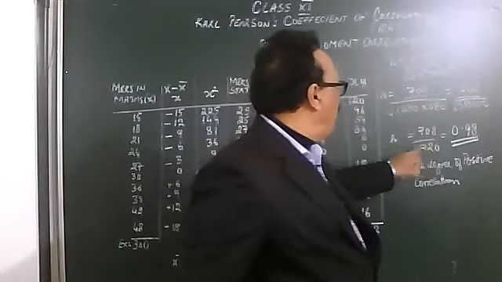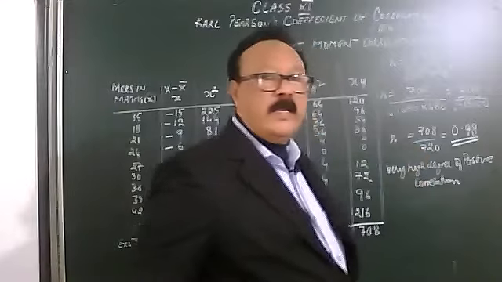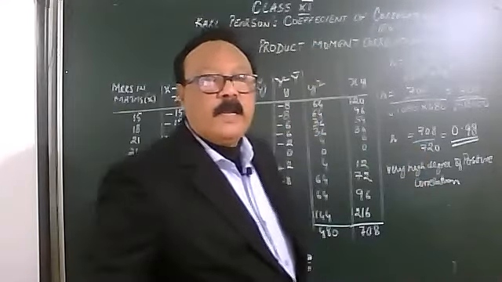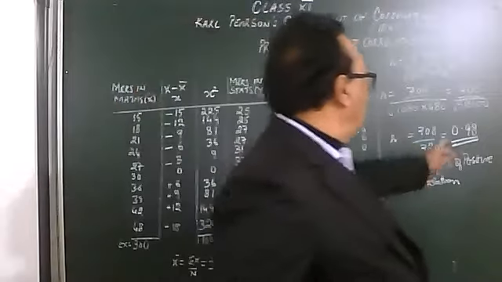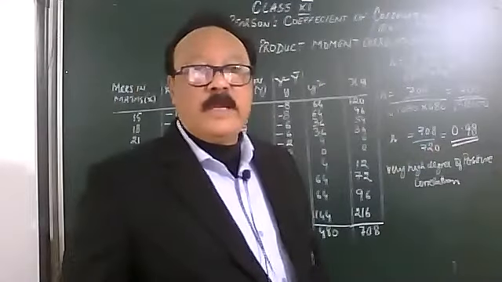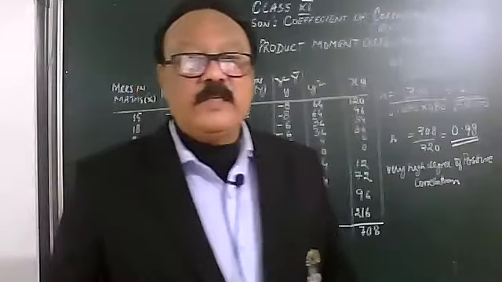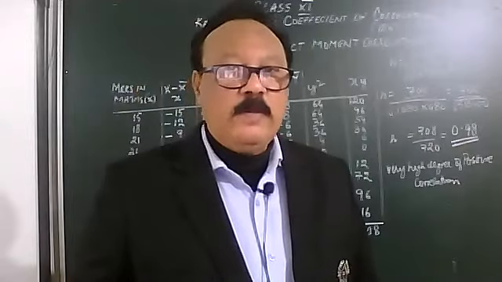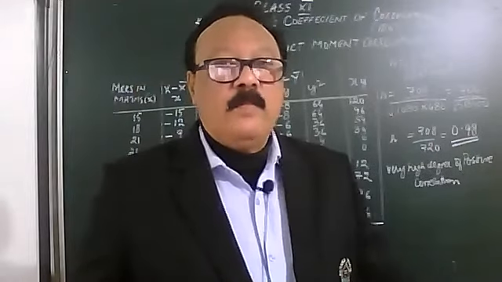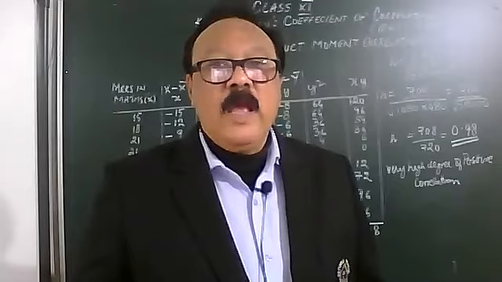Now 708 upon 720. Take it in the rough and divide it, and you will get the answer 0.98. Work till 2 places of decimals, not beyond that. It will go on, but work till 2 places of decimals and then leave it.